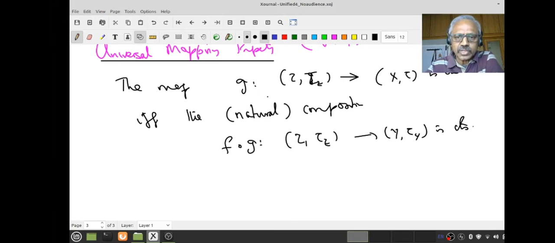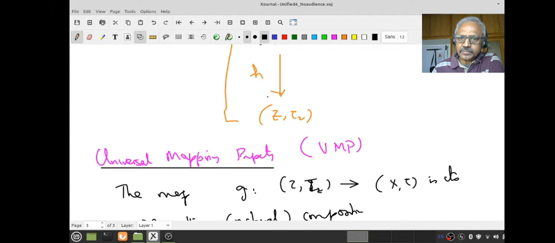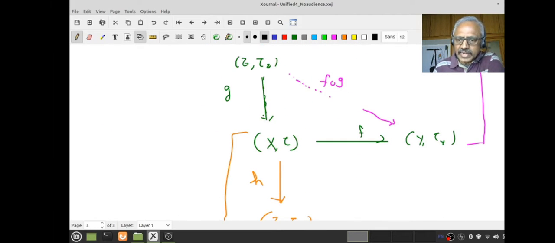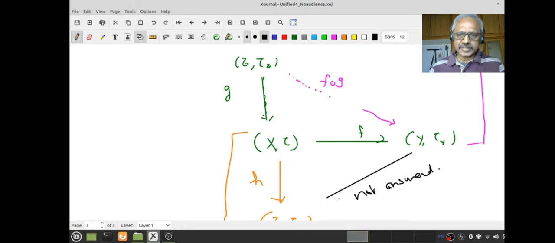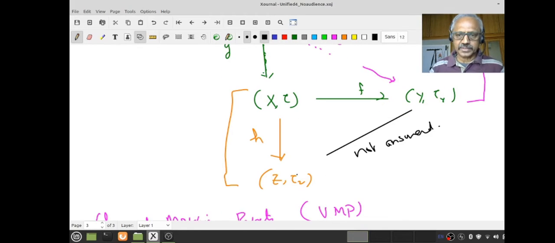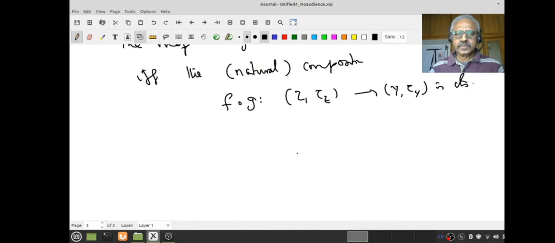The very natural composition. Notice that this aspect is not answered in the universal mapping property. It answers only one part. Do you follow that?